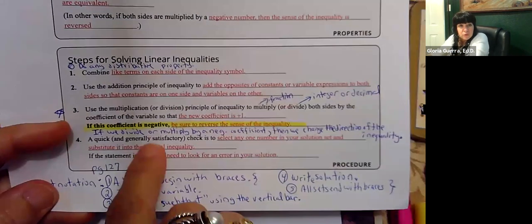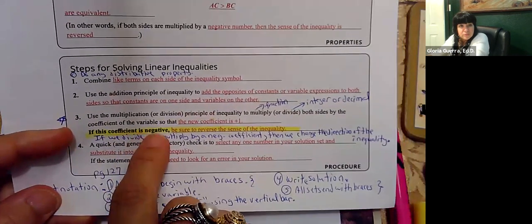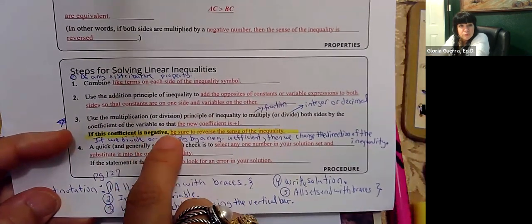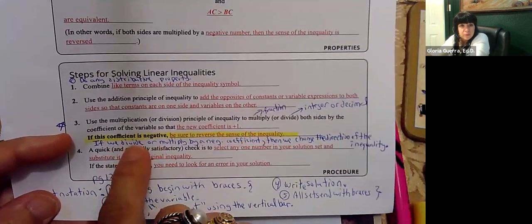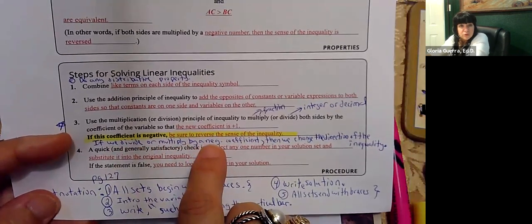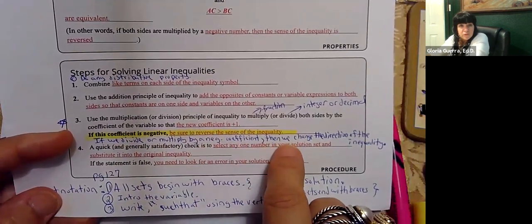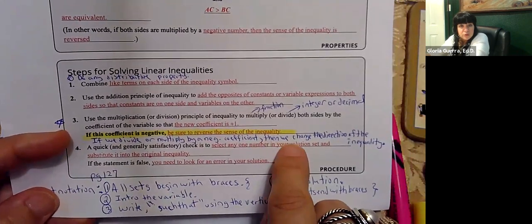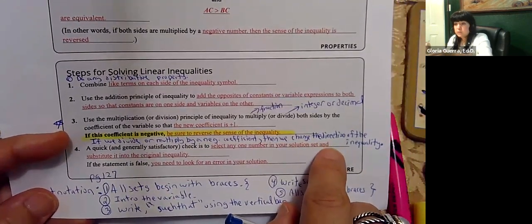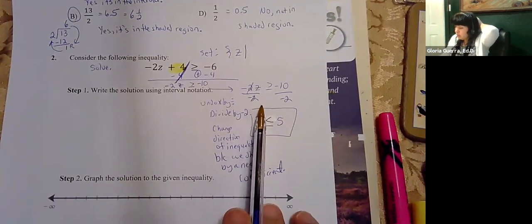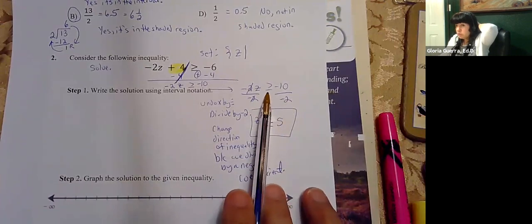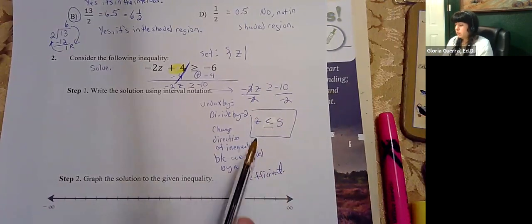If this coefficient is negative, be sure to reverse the sense of the inequality. That means that if we divide or multiply by a negative coefficient, then we change the direction of the inequality. We did divide by a -2, which is a negative number. So we do have to change the direction of this inequality, which bounces back to z is less than or equal to 5.